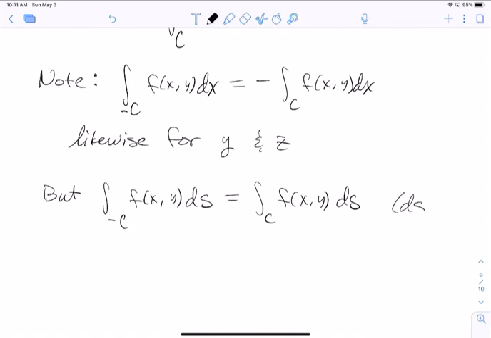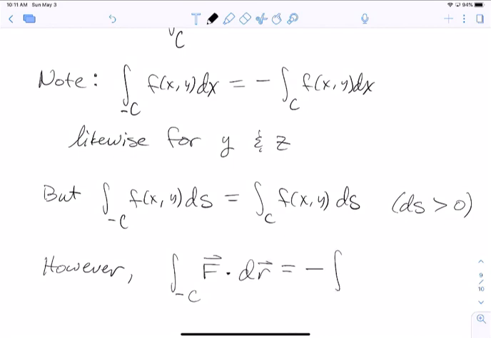And so ds as an arc length is always positive. However, reversing the orientation of a curve for f dot dr has the effect of changing the sign of f dot dr over C, right? So if I'm moving in an opposite direction, then the work should have an opposite sign.